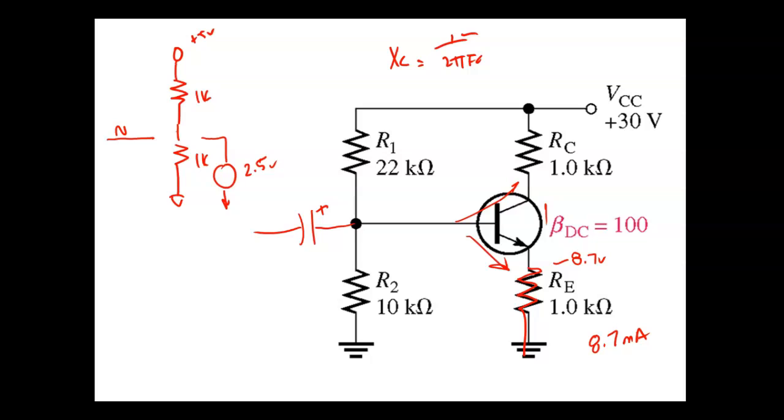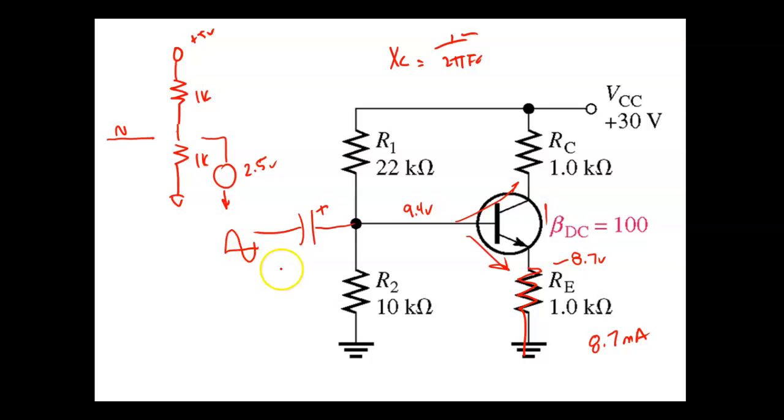Right? You understand? But when I come over here and add a signal coming in, so let's say we put 2 volts peak to peak, this right here is sitting at 9.4 volts. Temperature can't change the emitter voltage, but an input signal can.